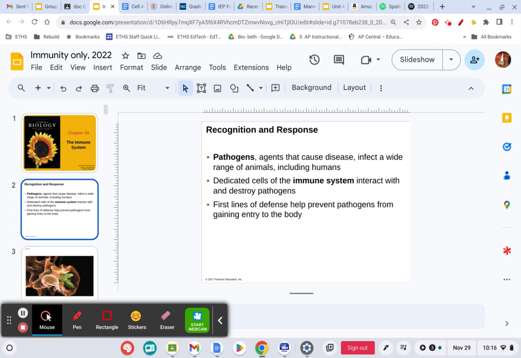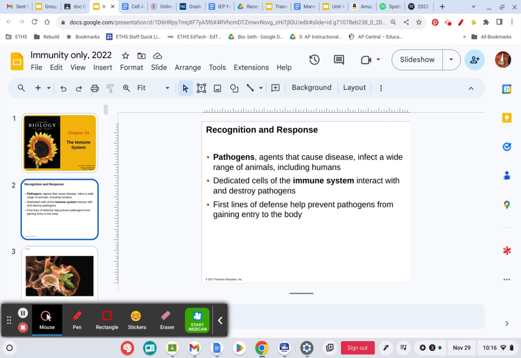Especially with the issues we had with vaccines, and how a lot of people were really opposed to taking a vaccine, I think this should come back into the curriculum. So I want to make sure that we talk about it so that you can understand from a scientific point of view what's going on with vaccines and infections and all that good kind of stuff.